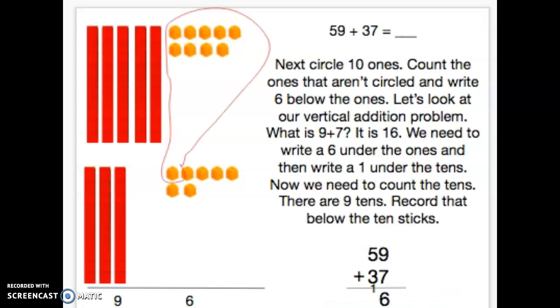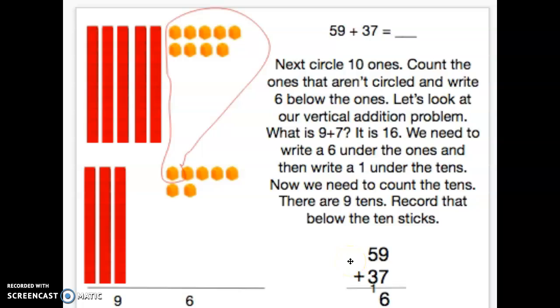The next step is to circle 10 ones. Here I have 9 ones, and I know that 9 plus 1 more gives me a 10. So I'm going to circle that group of 10 ones. That leaves me with 1, 2, 3, 4, 5, 6 ones. So I'm going to write a 6 under the ones right here in my drawing.